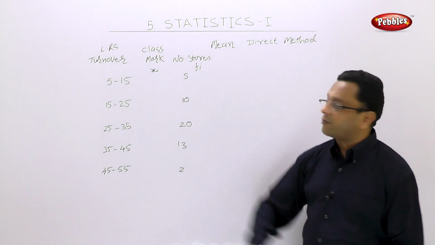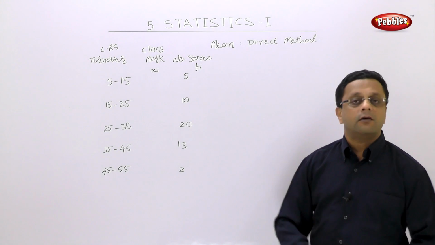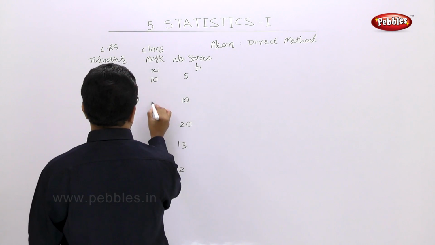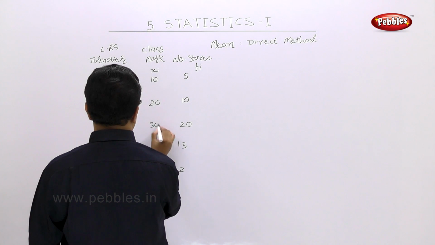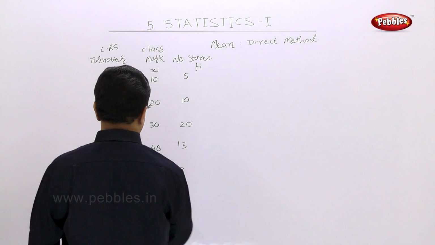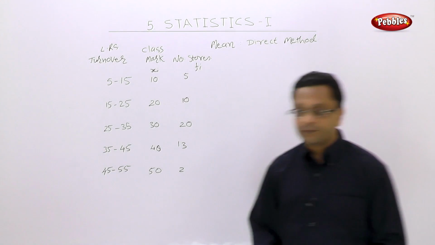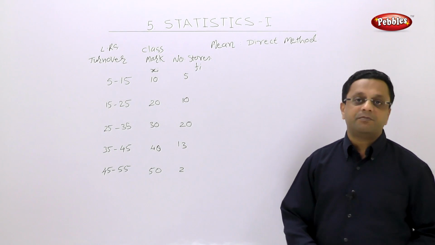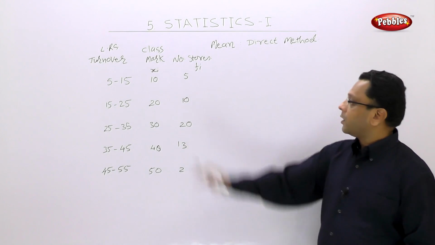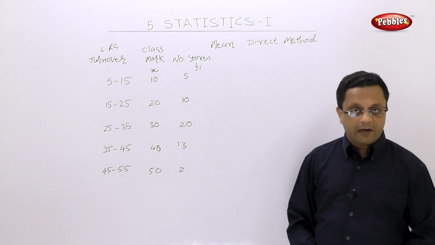Now what is the class mark of the first one, that is, the central figure is 10. Here 20, 30, 40 and 50. So the first step is to find out the class mark. Frequency is already given, fi.